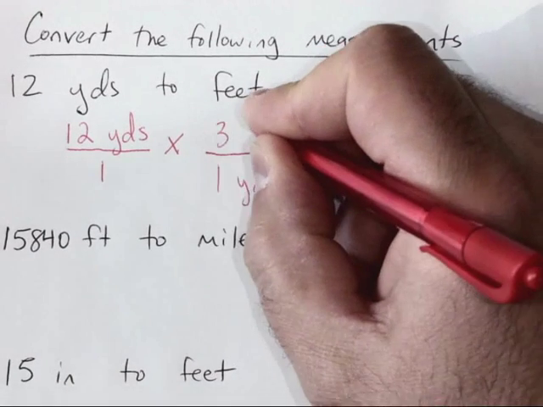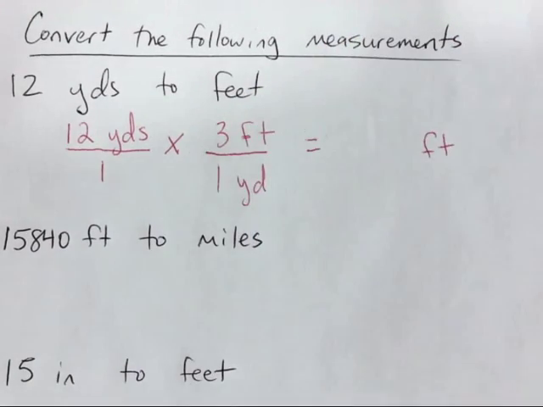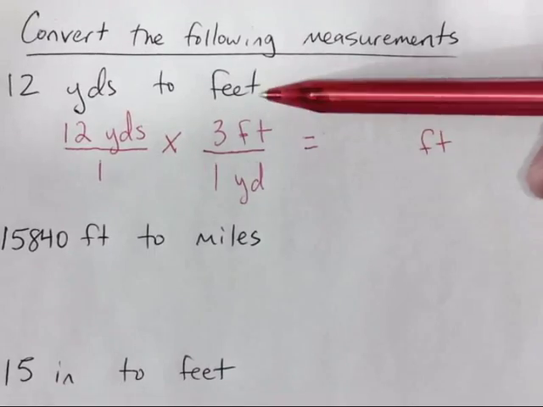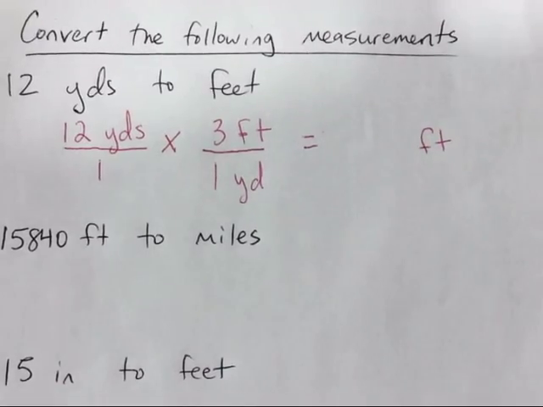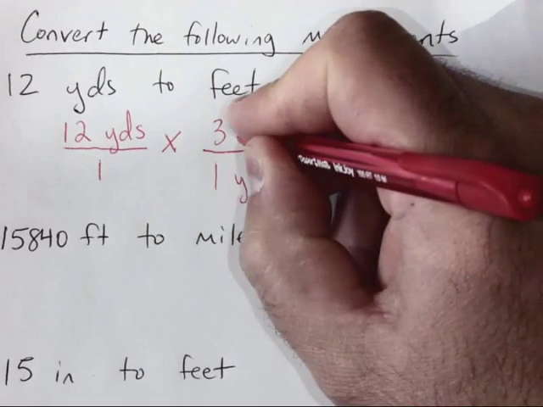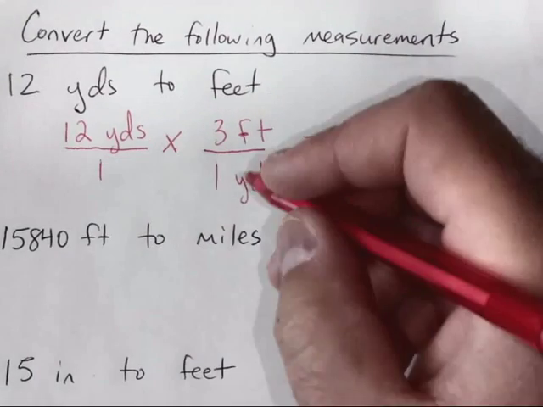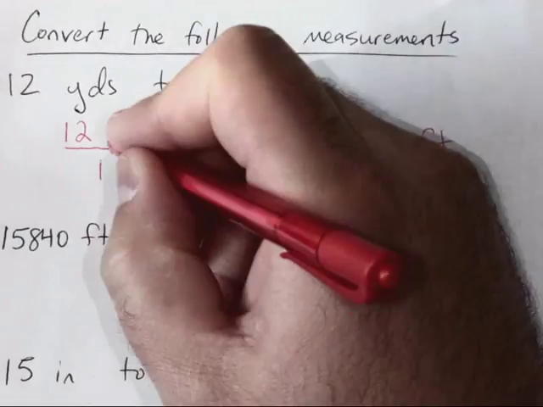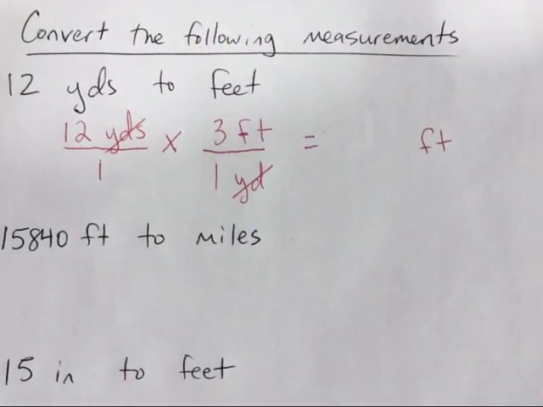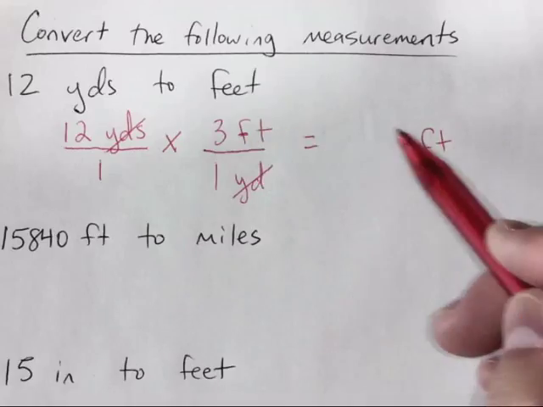And so feet goes in the numerator here. So this is what we call a unit fraction because it's essentially equivalent to 1. 3 feet equals 1 yard. So this is equal to 1 but it allows us to cancel the units of yards. Yards cancels, right? Because I've got yards in top and bottom, and I'm left with feet.